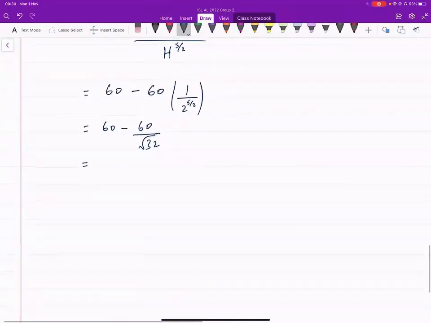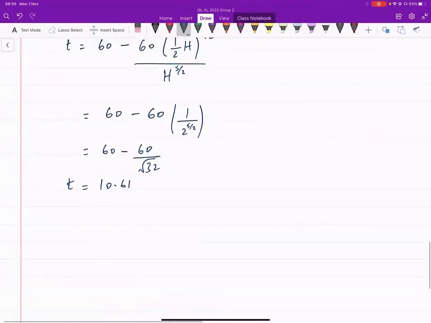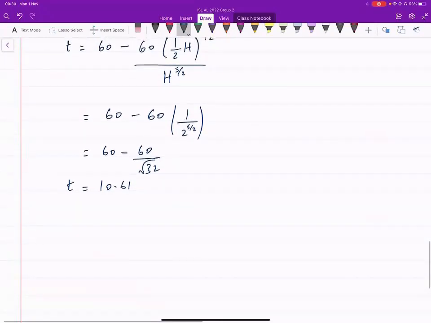Otherwise, you can also put this in decimals. What do we get? 10.61. So that's the value of T that you were looking for. Yes, it should be bigger than that. 49.3. That's the time that you get.